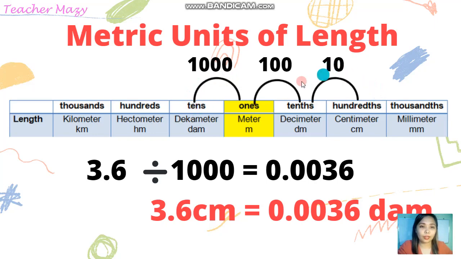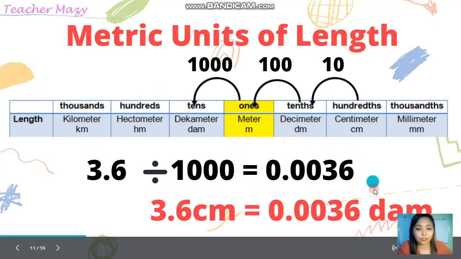Okay. So, from 10, 100, we have 1,000. So, 1,000 ang ating divisor. Okay, so 3.6 divided by 1,000, that is 36 10,000. So, that means for every 3.6 centimeters, we have 36 10,000 decameter.